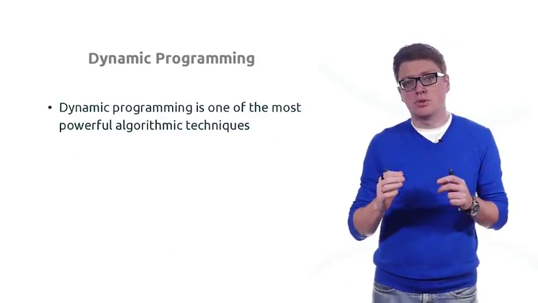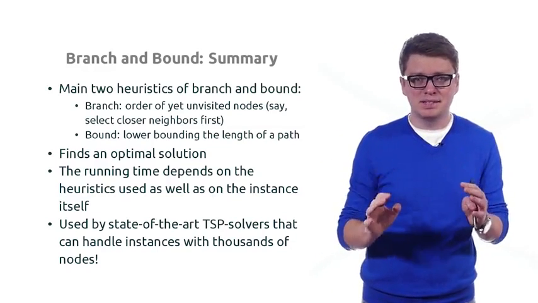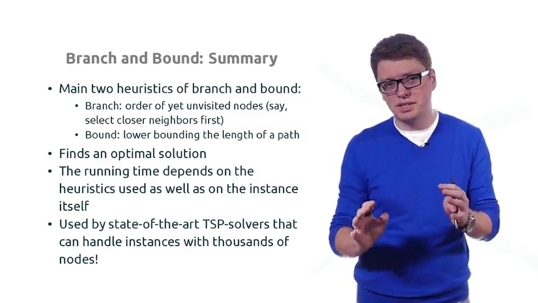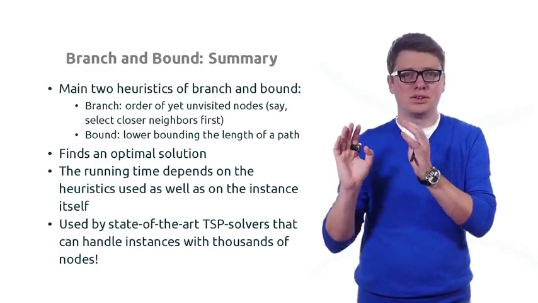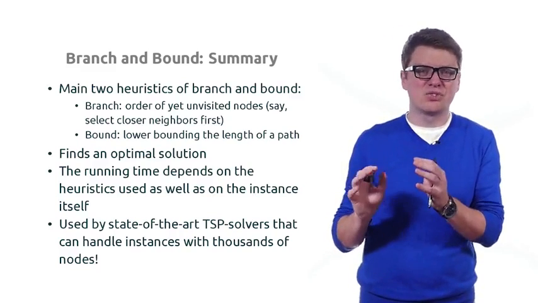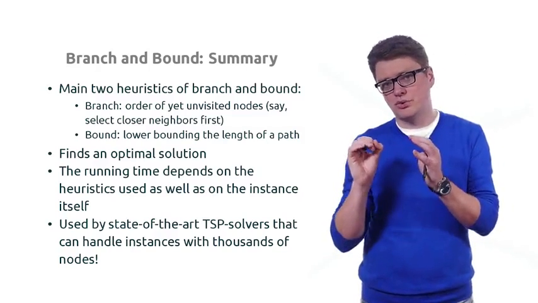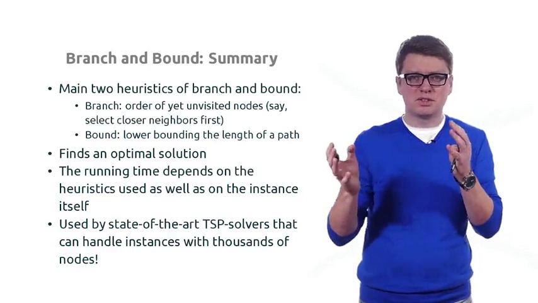The running time of this idea actually depends on the instance itself and the two heuristics used. So the smarter the heuristics, the better the running time usually. At the same time, if the heuristic of lower bounding, for example, is too slow, this can be a trade-off.